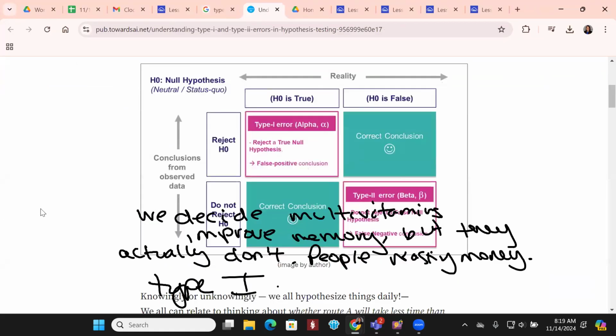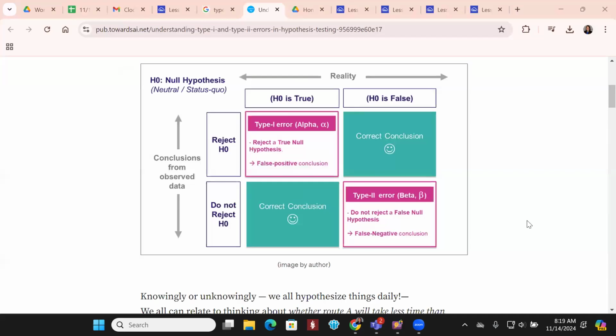Type 1 is we reject the null and we have a false positive conclusion. So our conclusion was we reject the null, and we have convincing evidence that they improve memory. But again, Mo just ate an entire thing of Flintstones vitamins and he's overdosing. Did it improve his memory? No, he's just going to pee a lot, right? That's a type 1. Good.